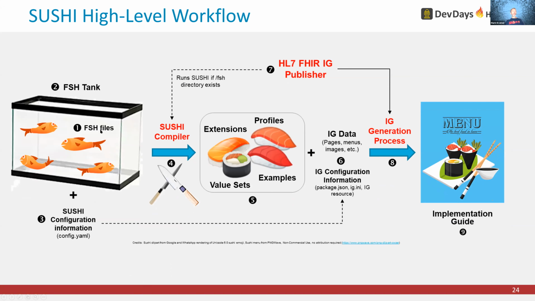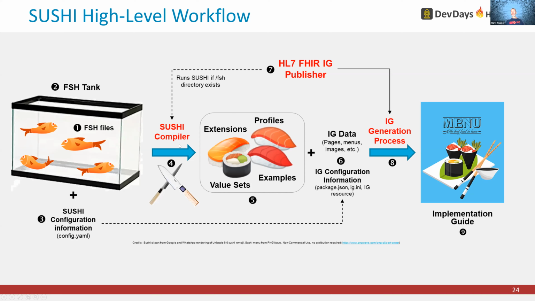You'll create your FSH files in a directory, which, as I mentioned, we call a FSH tank. That's just your project. You'll create some configuration information in a file called config.yaml. And together, these 3 things are enough to run the SUSHI compiler.